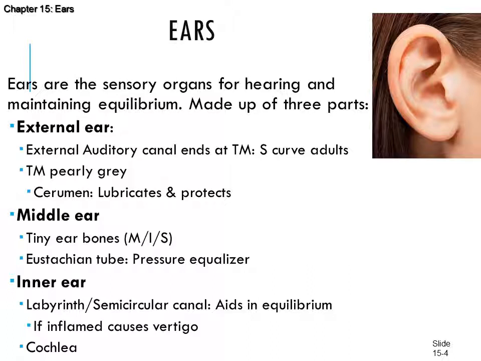The eustachian tube also helps with sound conduction and equalizing pressure in the ear. And then, of course, the inner ear goes all the way inside, where you have the semicircular canal, which helps with equilibrium, or the labyrinth itself.